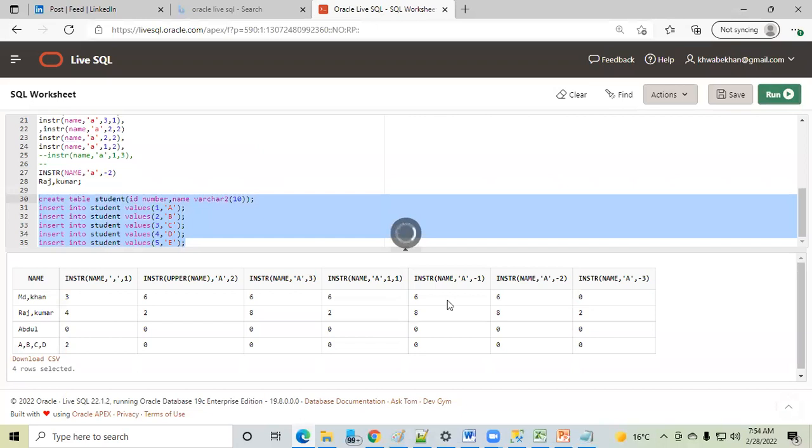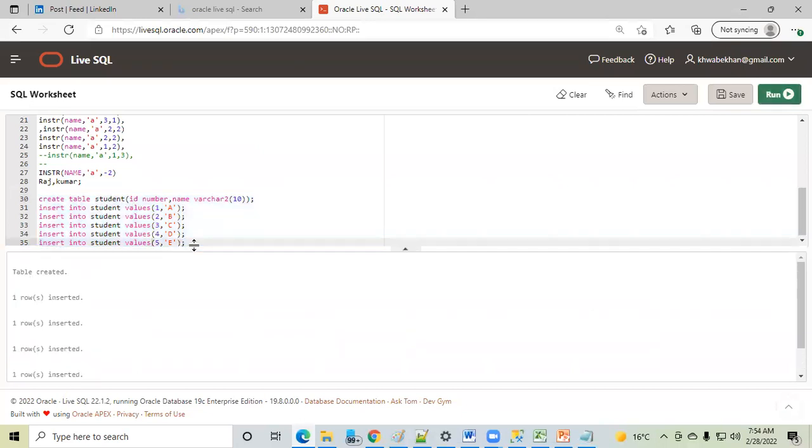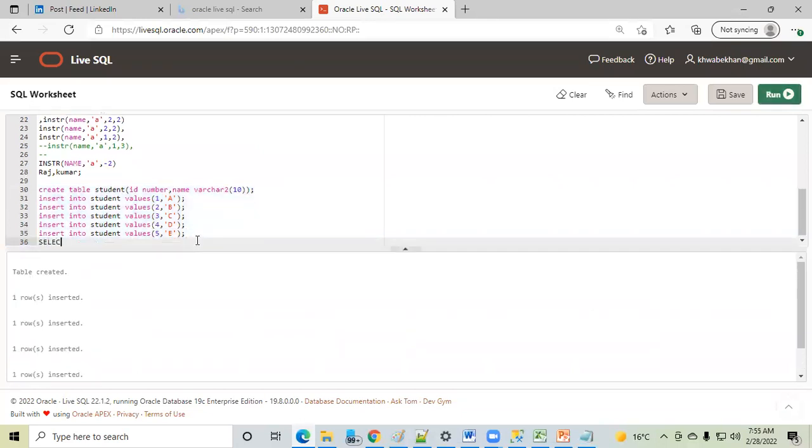This table is created. Let us start from student.